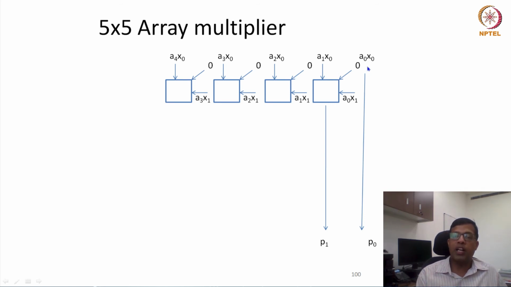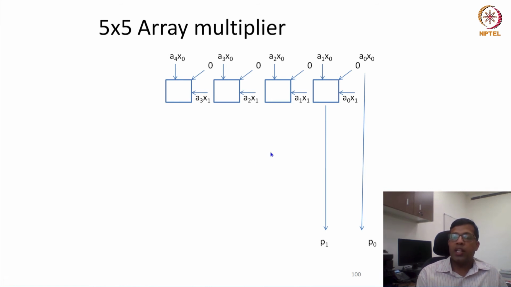So we can simply keep x0 a0 as p0, and since addition of x1 a0 and x0 a1 will also result in p1, this is also pretty clear. But for other results, p2, p3, p4, etc., we need to add more.